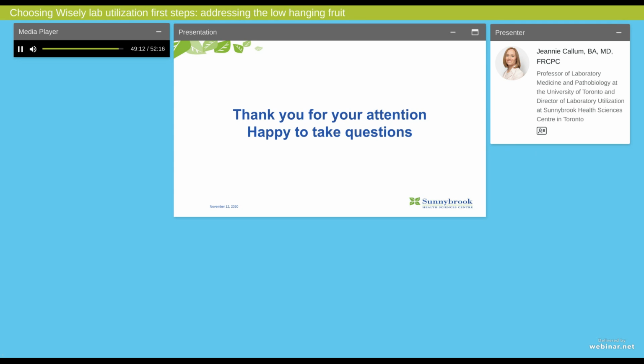There are also committees looking at trying to push utilization forward. Even at our University of Toronto, they recently started a laboratory utilization committee across the whole 7 hospitals that we have, to learn from each other so we don't repeat the failures of other people, and we learn from other people's successes.